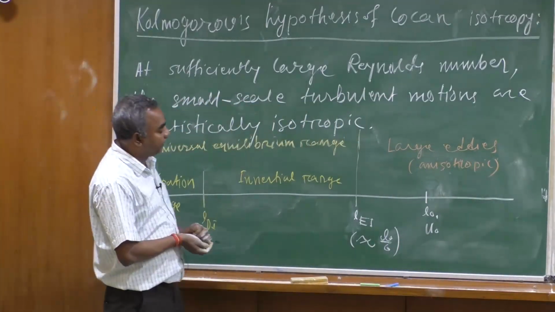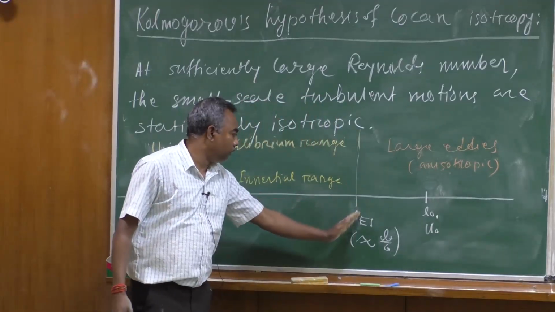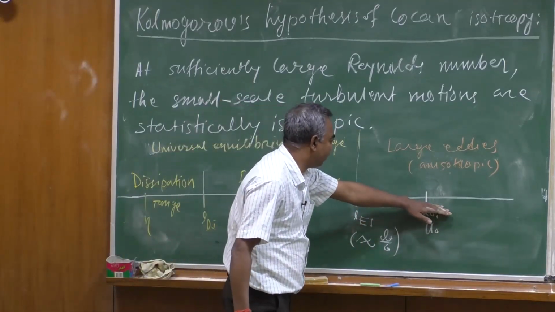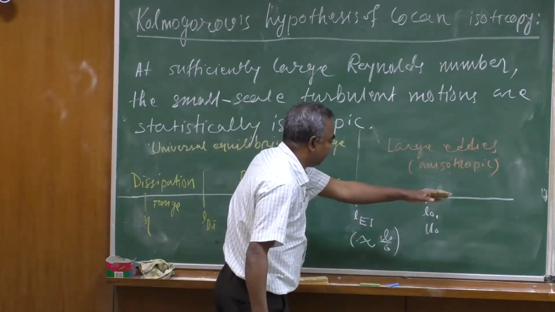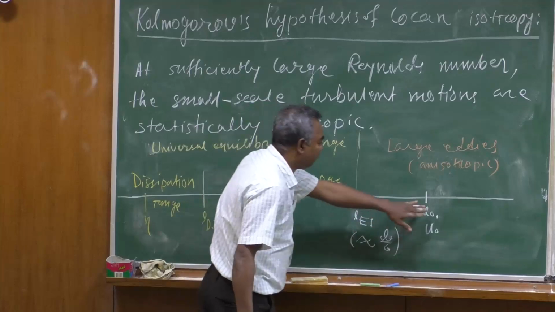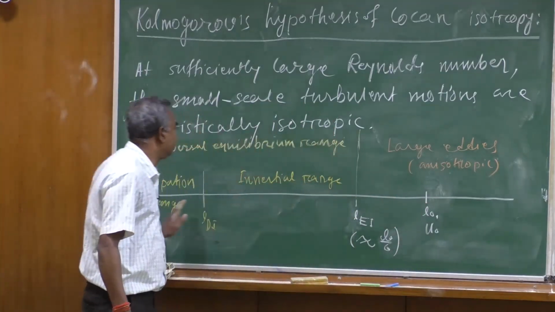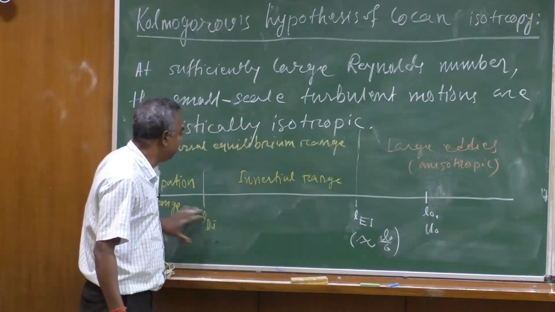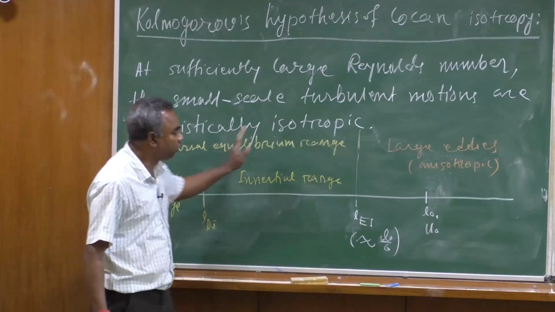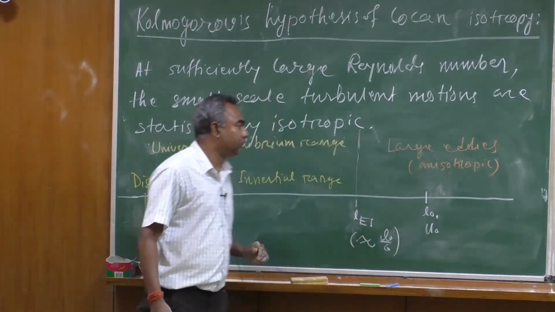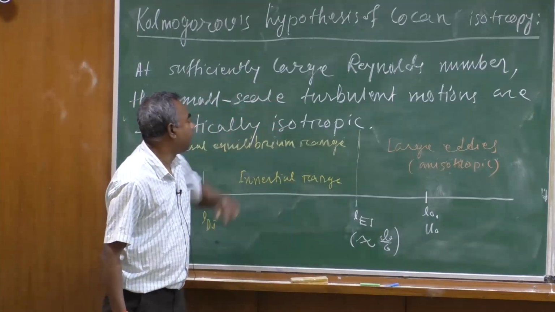He says that below this length scale, let us say this is the maximum length scale in a flow, and there are many length scales. At any point you take, you will get one length scale in that flow. So, at smaller length scales, below this, if you consider locally, without the statistics related to the large eddies, then the statistics of these scales are actually isotropic.